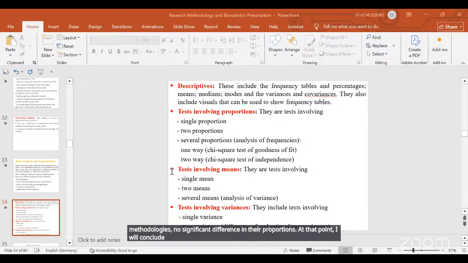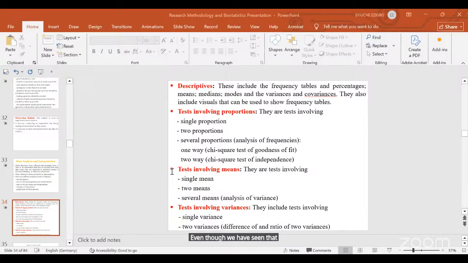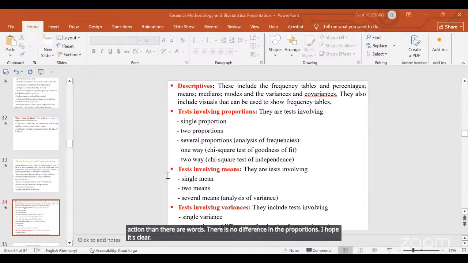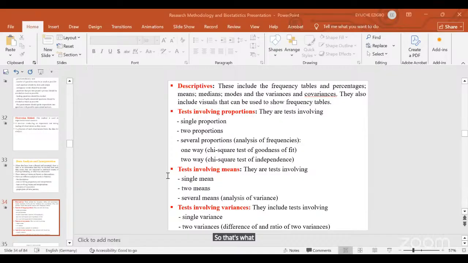Even though we have seen that the observed data shows differences in the proportions, these differences are not significant enough, which means that there is no difference in the proportions. I hope it's clear. So that is what we do here in the one way chi-square test of goodness of fit.